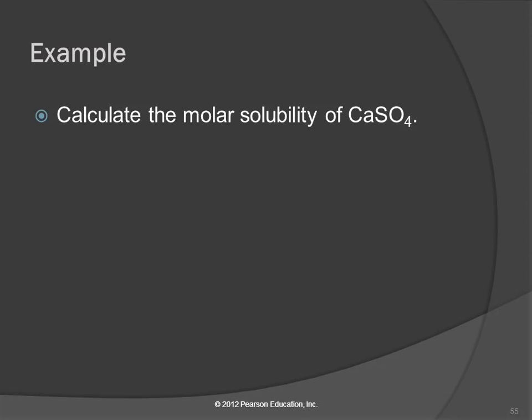So Ksp equals 7.10 times 10 to the minus 5. You do not need to memorize or write down those solubility product constants, okay? I will give those to you. Those are something that you just go and look up. It's a reference thing.